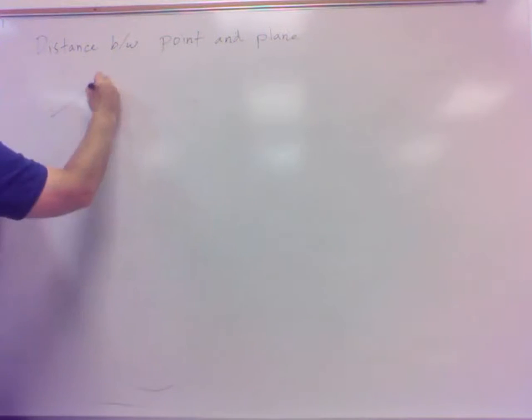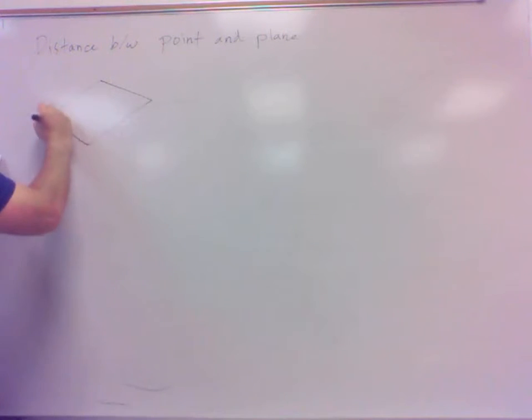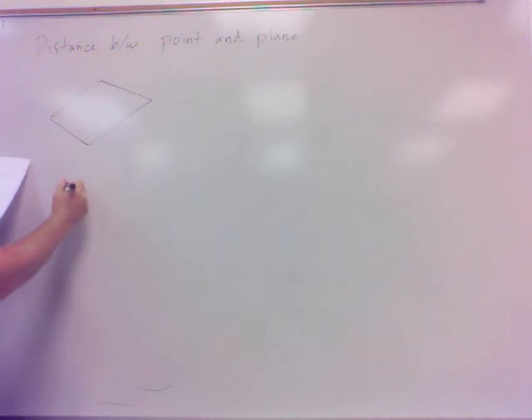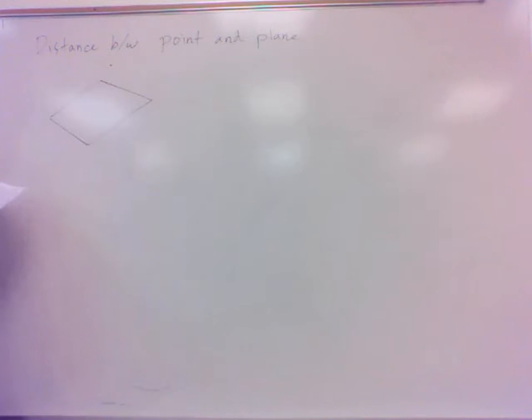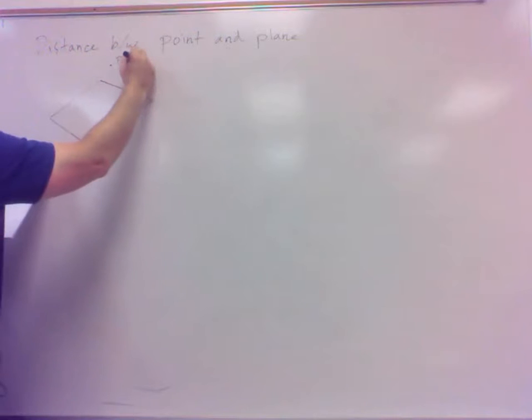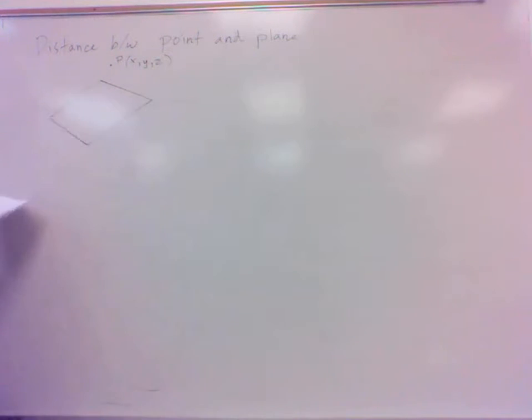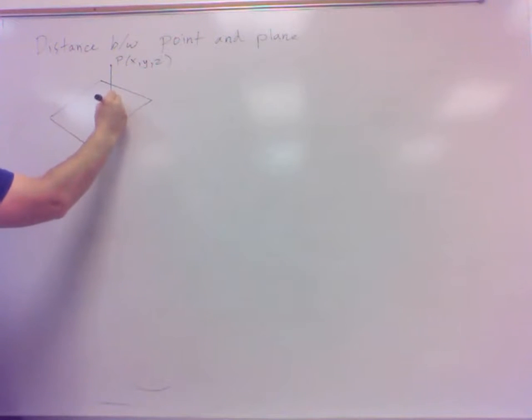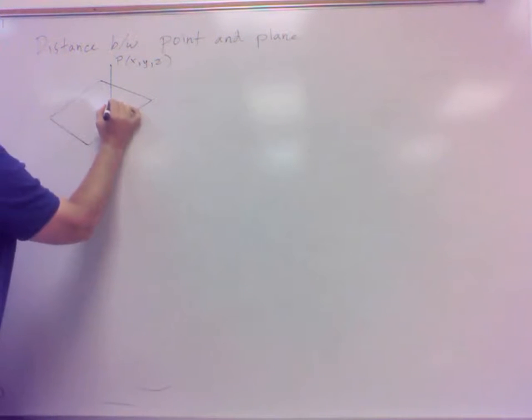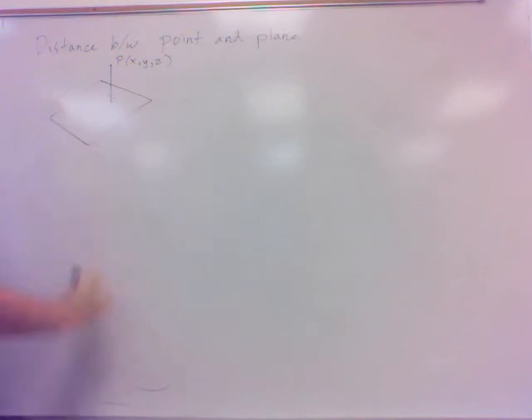Okay, so we start off with a plane here, and a point somewhere not on the plane. That's our XYZ, point P. All right, so of course we're talking about the shortest distance. And so again, that's going to come vertically. It may not be straight down like I've got it, but that's going to be perpendicular to my plane there.